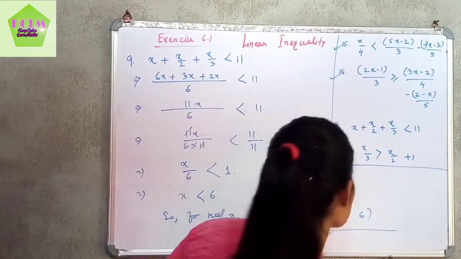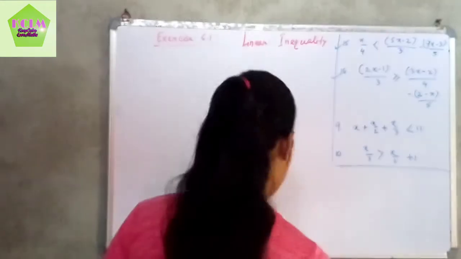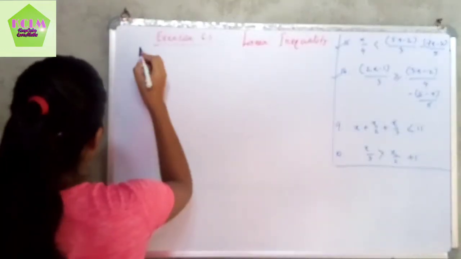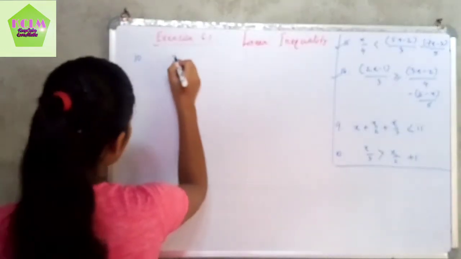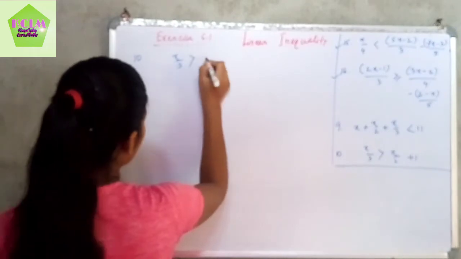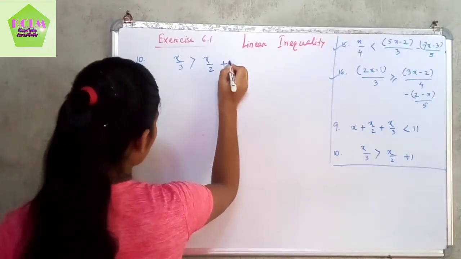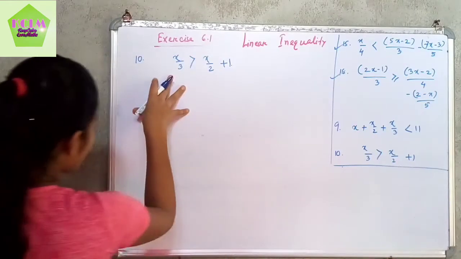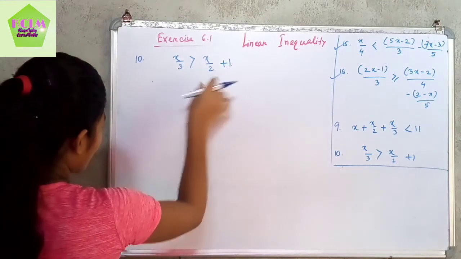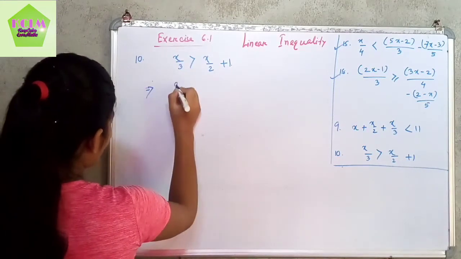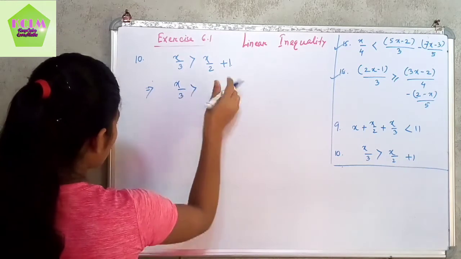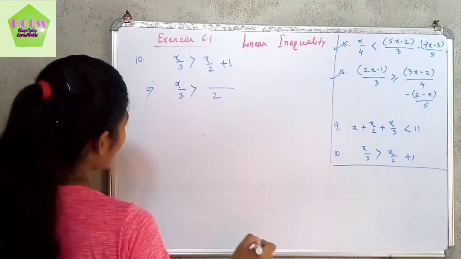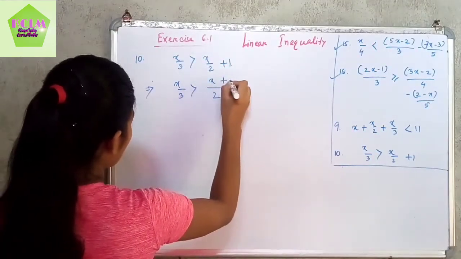Now proceeding to the next question, that is question number 10. That is x by 3 is greater than x by 2 plus 1. So again taking the LCM on the right hand side, the LCM is 2 and then x plus 2.